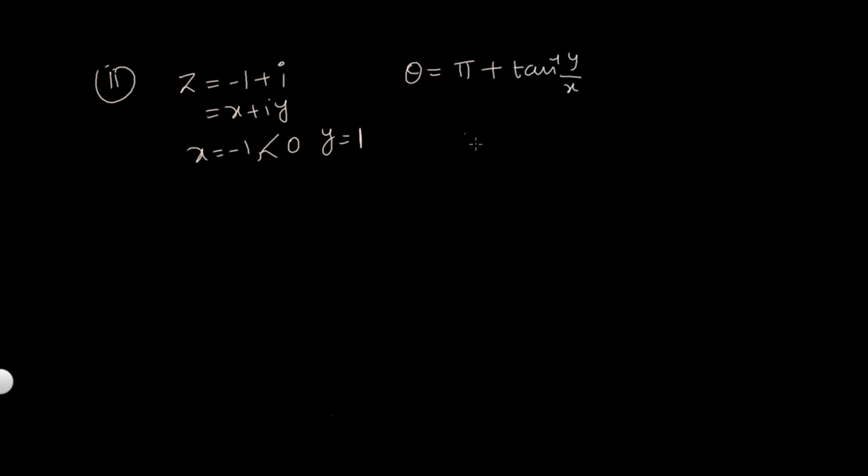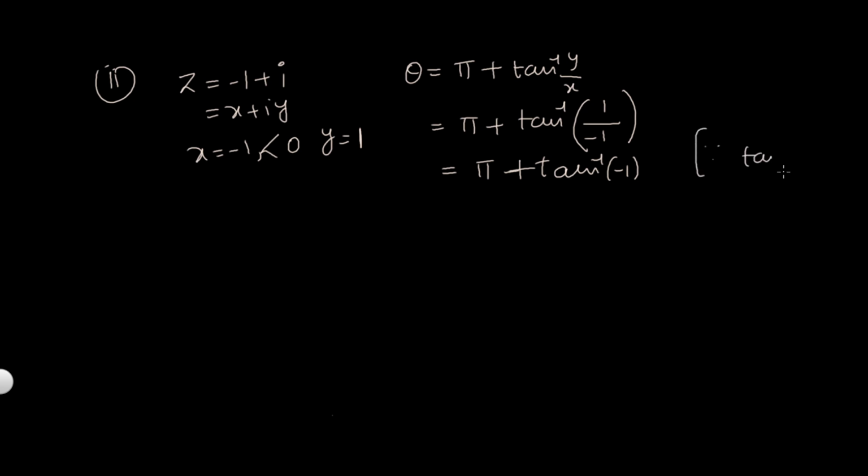Y is 1, x is minus 1, so pi plus tan inverse minus 1. But in first year we already learned tan inverse of minus x equals minus tan inverse x. So now take it as pi minus tan inverse 1. Tan inverse 1 is pi by 4, so pi minus pi by 4, that is 3 pi by 4.